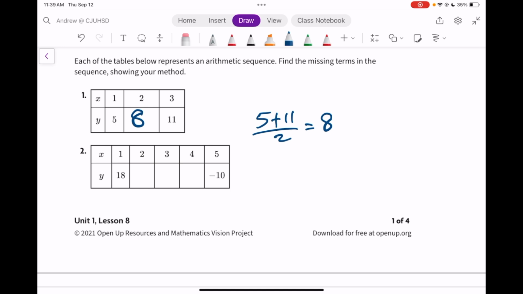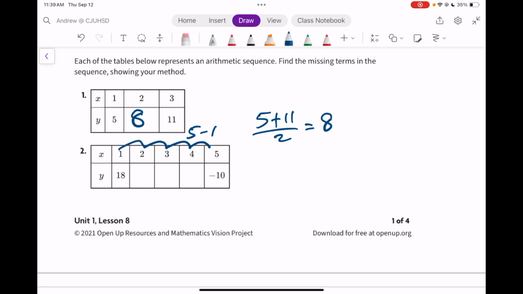Think to yourself how many jumps it takes to go from 1 to 5. 1, 2, 3, 4. Okay, so that is basically 5 minus 1. How many jumps does it take to get from 18 to negative 10? Well, it's the same. It's 5. It's going to be 4 jumps. But how far do we have to go?